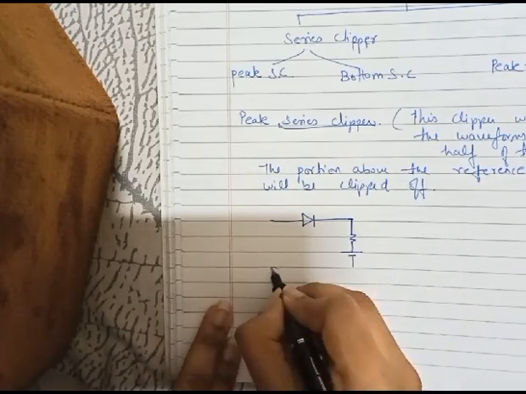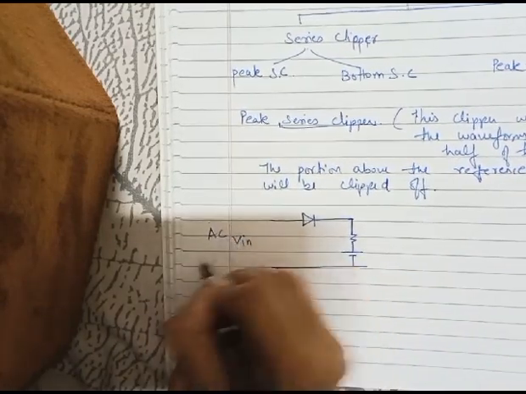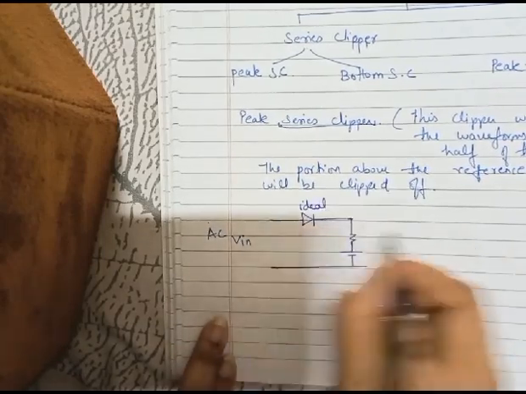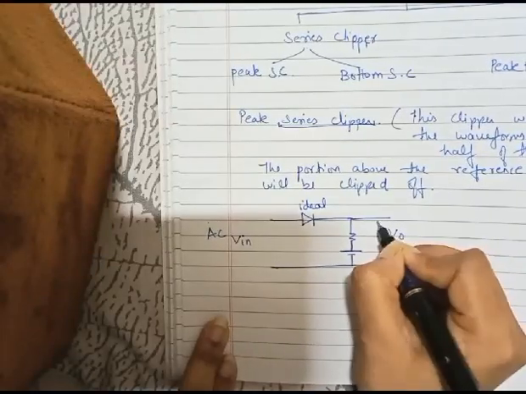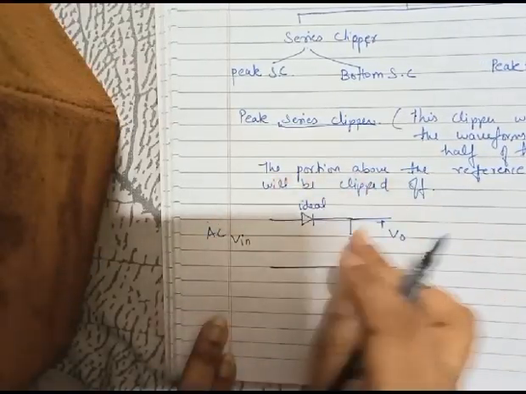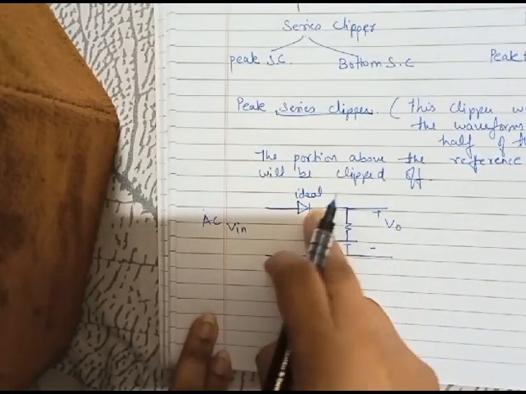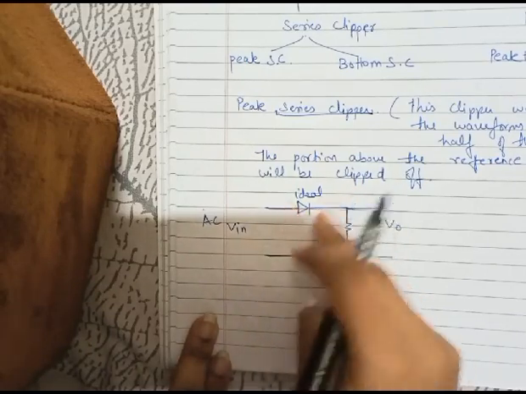There is a battery. Here we are going to give the AC input. Now here I am taking an ideal diode, and the output is taken across this point. This is the series arrangement of the clipper. Now how do we tell if it's a peak or bottom? This is a bottom clipper.